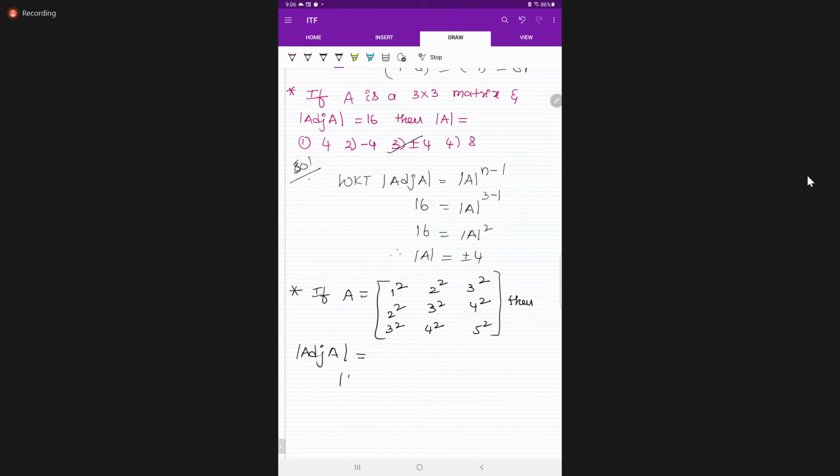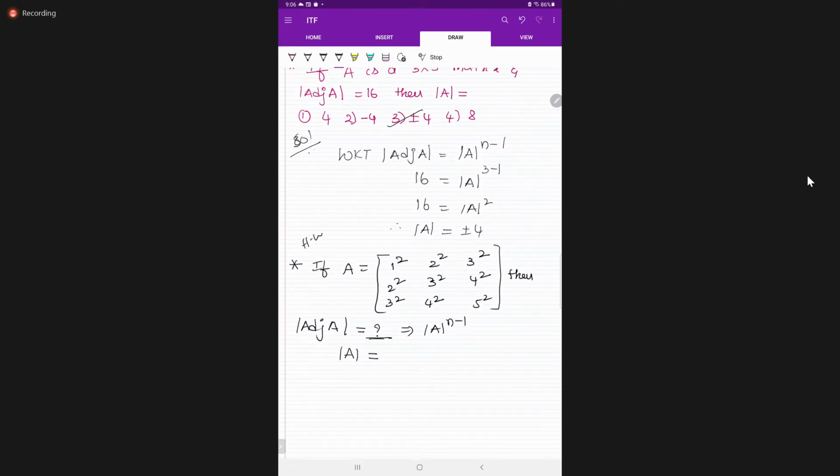First find out the delta of A value. And delta of A is equal to what is the formula? Delta to the power n minus 1, and replace the value. Take it as homework. Students, understood what I'm telling here?